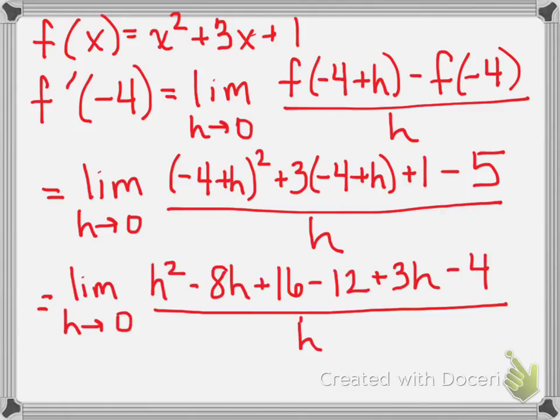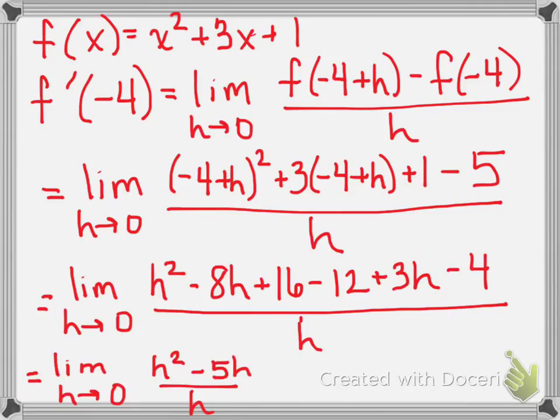We went ahead and expanded out that square, and it's h squared minus 8h plus 16. All of that is that (-4 plus h) squared, plus 3 times -4 plus h, that's the -12 plus 3h. And then I combine the 1 and the -5 to get -4. And then keep combining. It simplifies quite a bit.